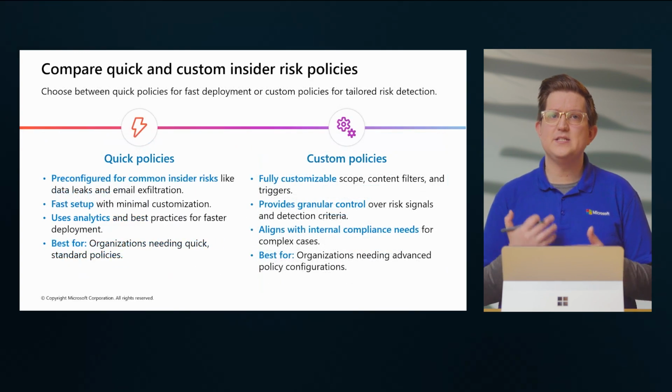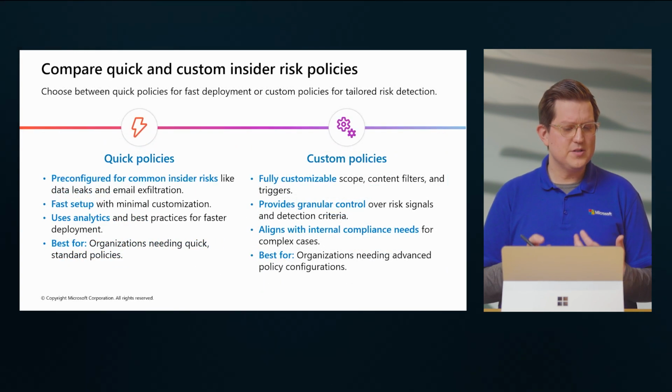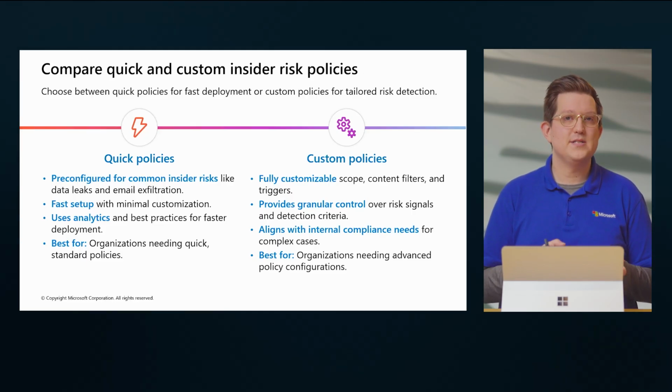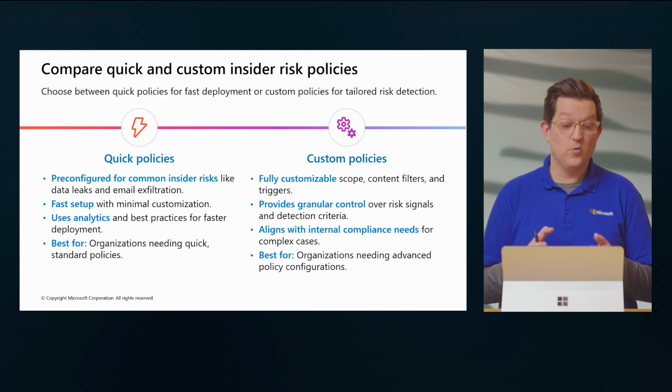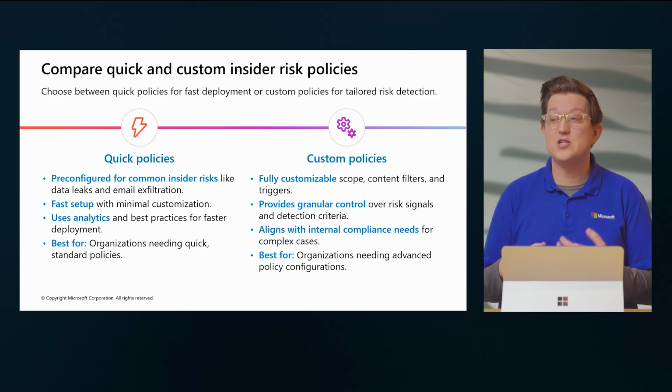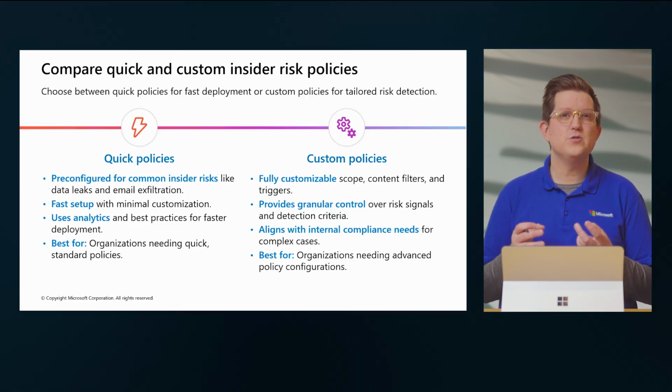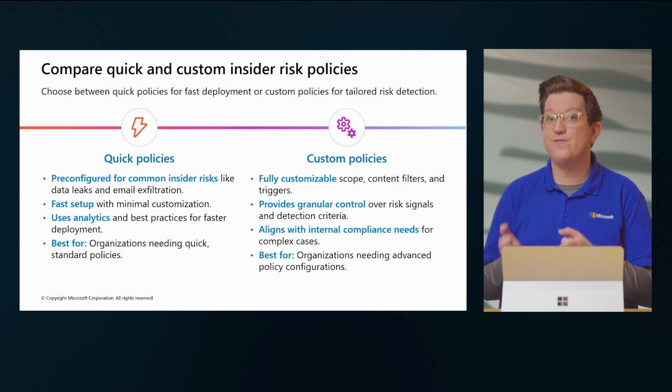Now, quick policies are super interesting to me because they represent about a 2-minute lead time to get a policy implemented. That's unusual. These policies usually take quite a bit of time to tune and tweak. But the idea of a quick policy is for organizations that are maybe just starting in a proof of concept stage, a pilot, or they're looking to tackle some small problems fast.